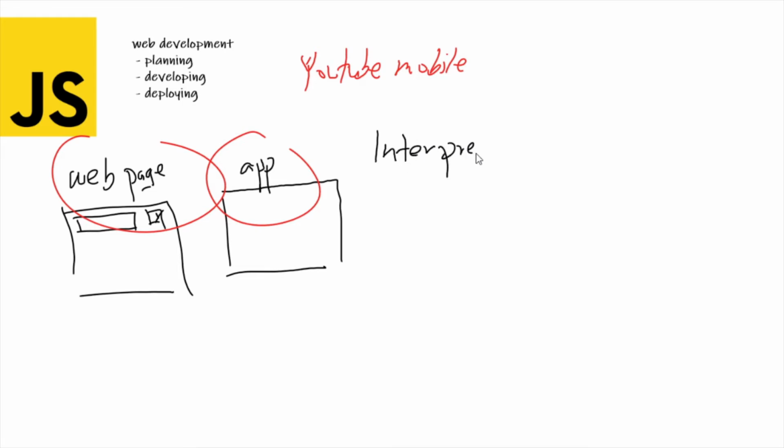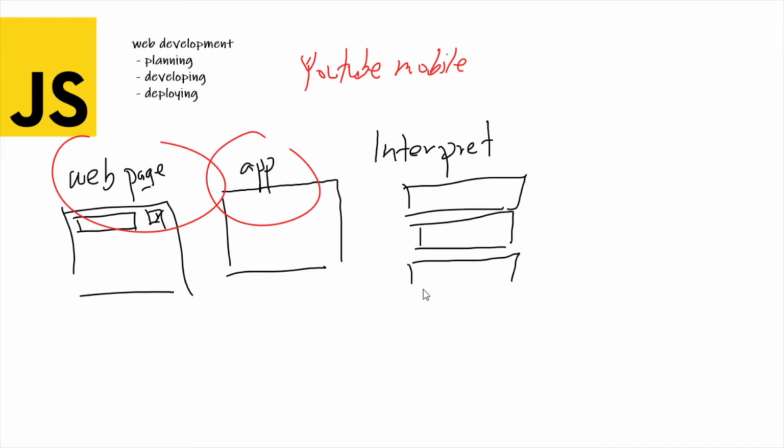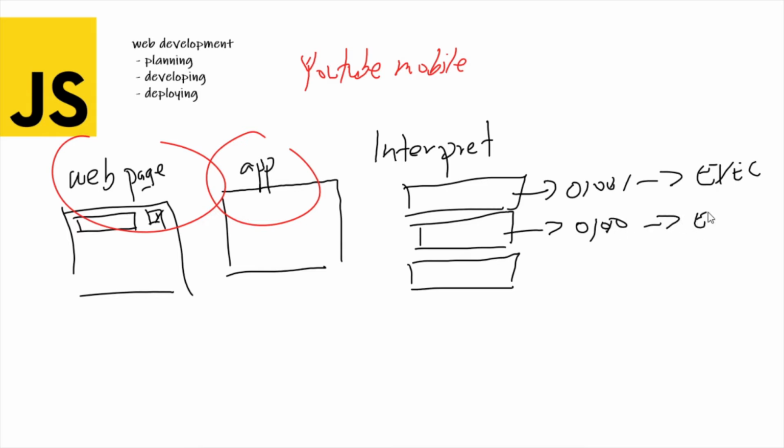So when we interpret a language, let's just say these are lines of code. When we interpret a language, the interpreter goes line by line. It takes the line, translates it into machine code, and then executes the line. It then goes to the next line, translates that into machine code, and executes that line.